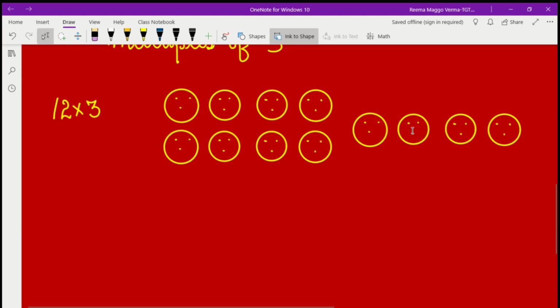So 12 times 3 is 36. So 36 is a multiple of 3 because we have taken 12 groups of 3 to get 36.